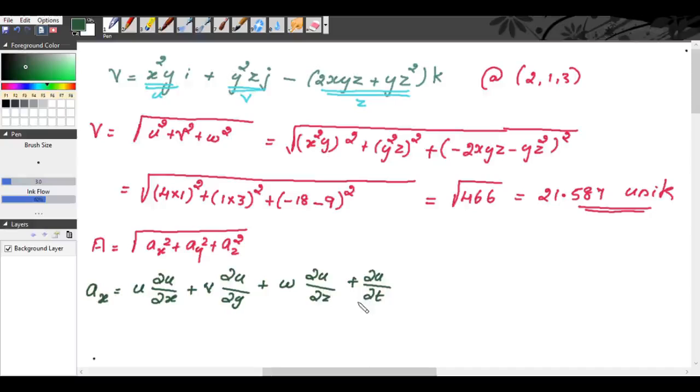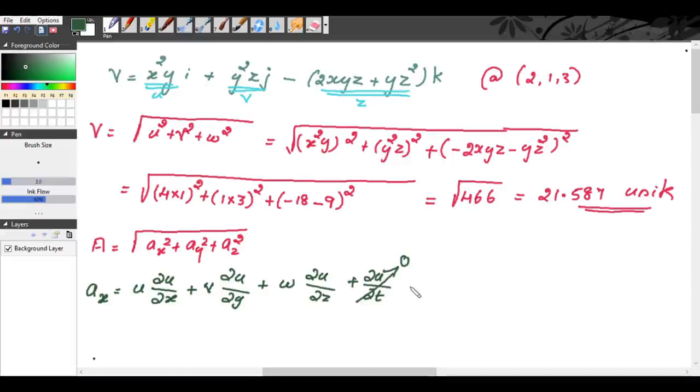Because it is a steady incompressible flow, dou u by dou t will be equal to 0. In every equation, this dou u by dou t, that is local acceleration, becomes 0. So we will have only these three components, the convective acceleration components, in our equations for ax, ay and az.